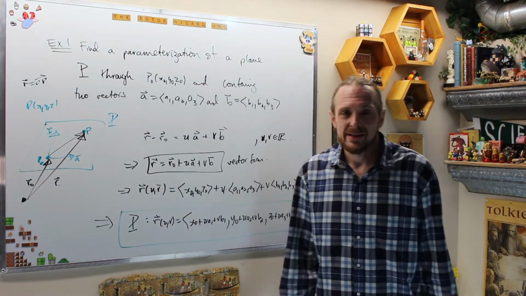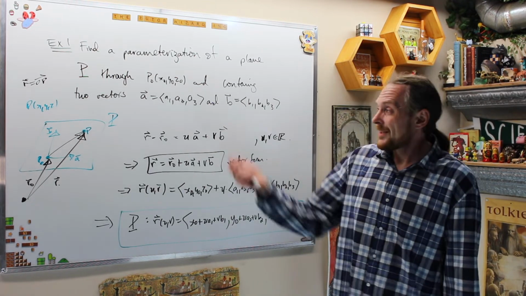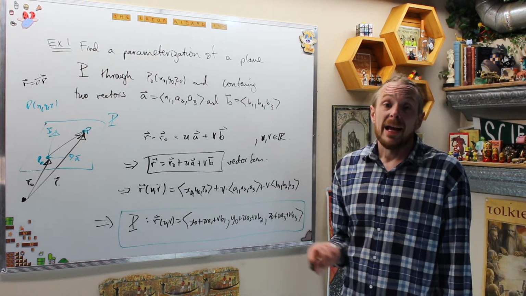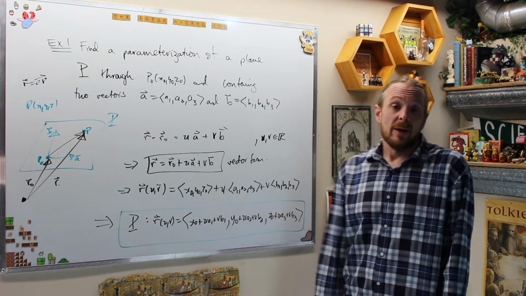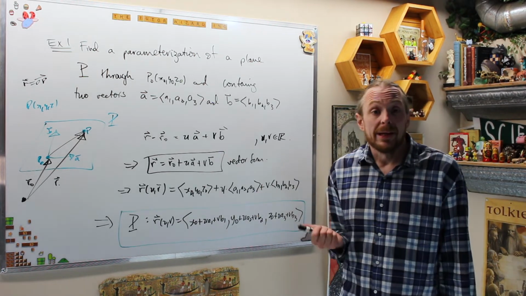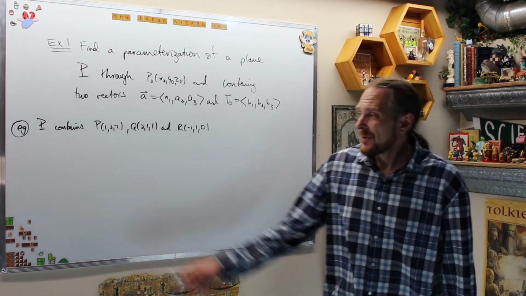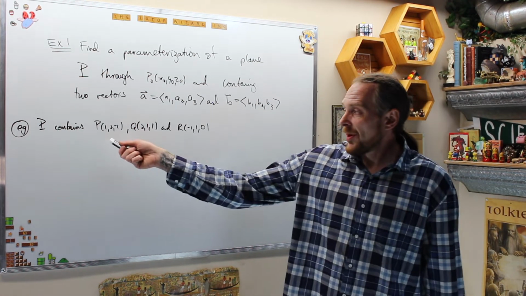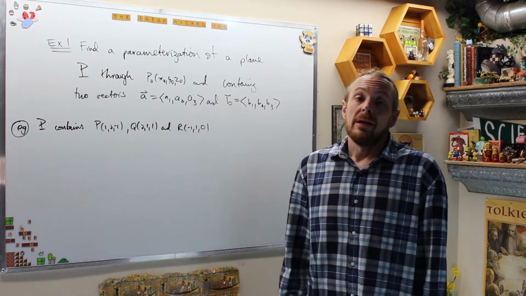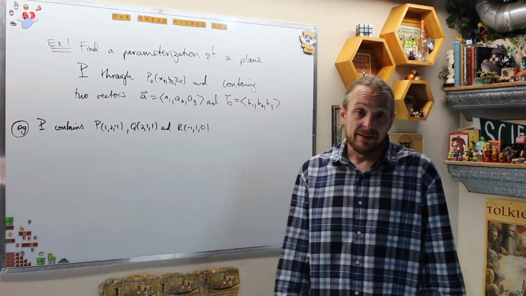Now let's do a specific example. We'll give you a plane containing a point and two vectors, and we'll give this specific parameterization description of that plane. All right, as a specific example, given a plane P containing these points, P, Q, and R, let's find the parameterization of that surface.